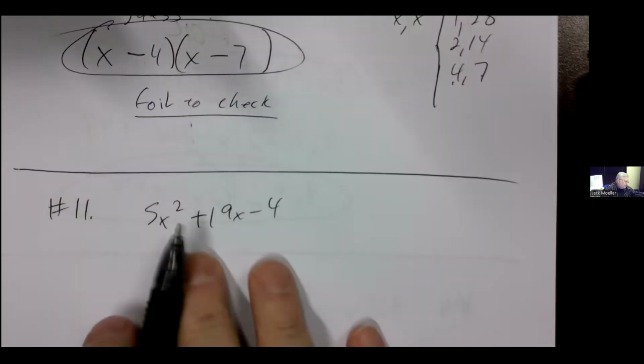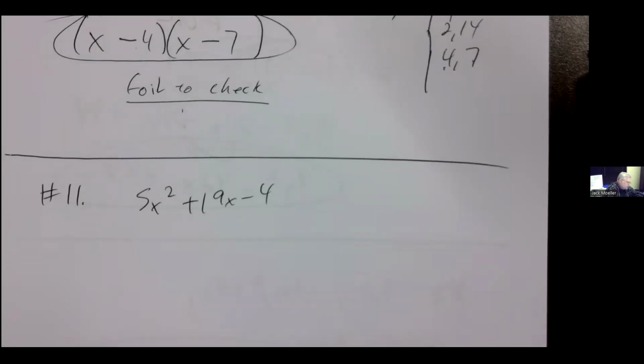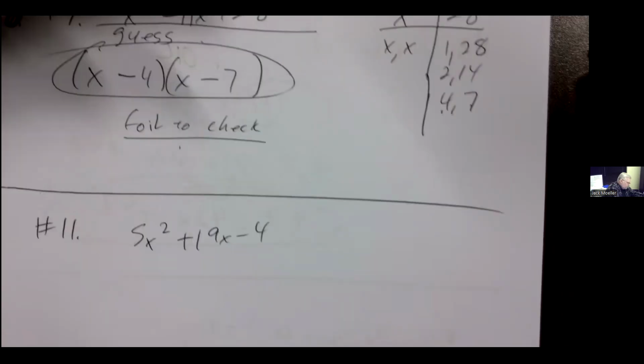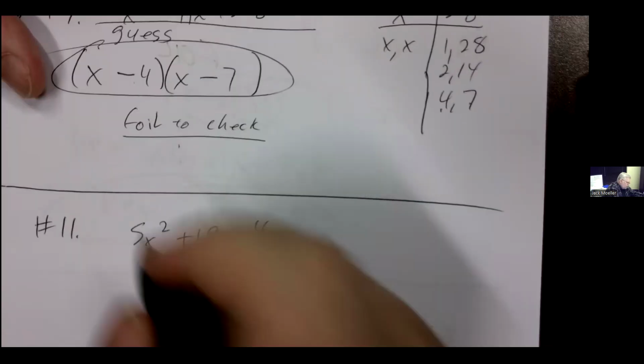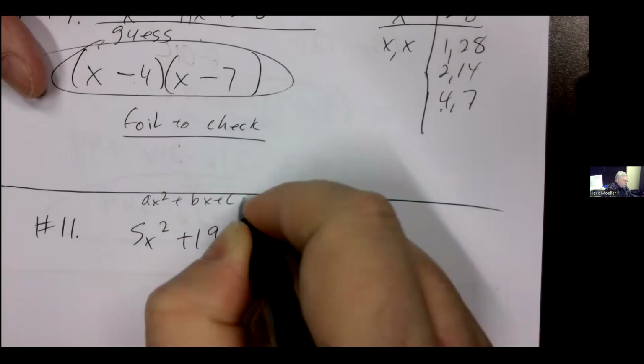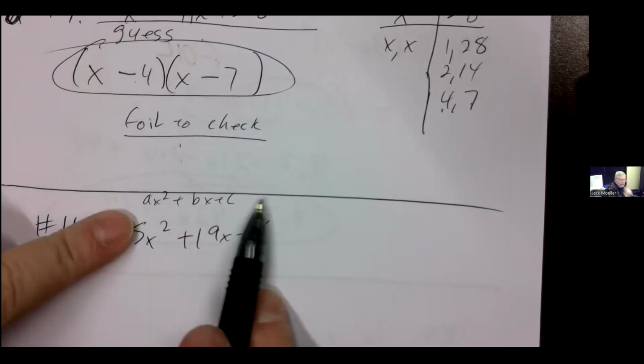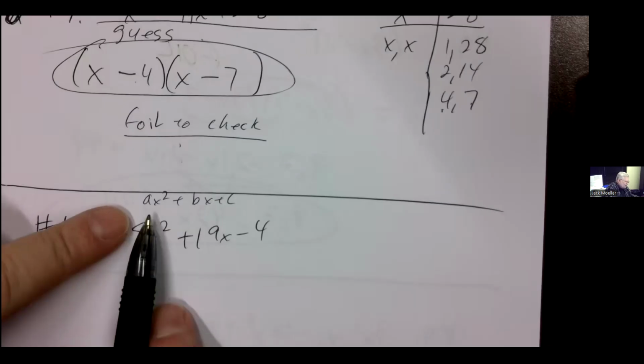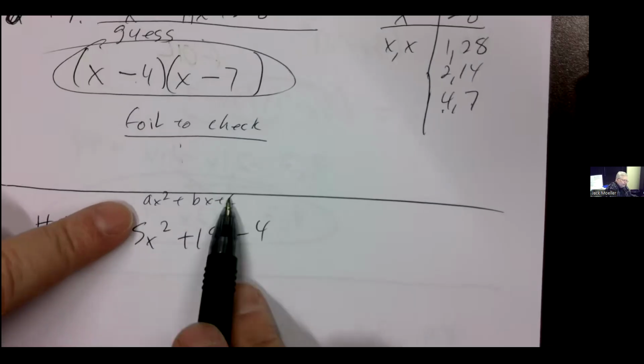Again, I don't care which method you use, as long as it's working for you. Remember, with the AC method, the generic trinomial, which in a quadratic equation we set equal to 0, is ax squared plus bx plus c. The AC gets its name because we're multiplying the first and last terms.